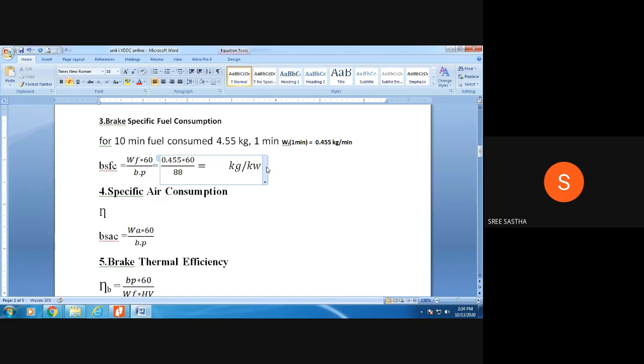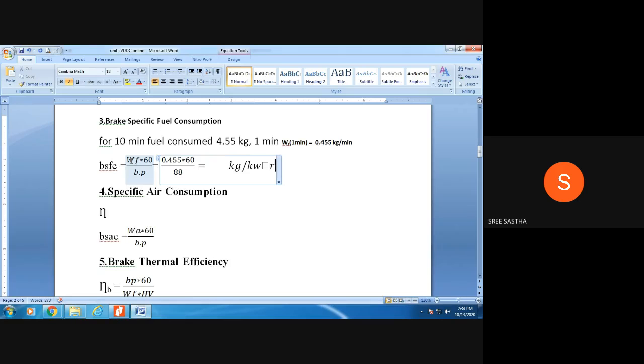Why is the H not coming? The H is coming like a box. So see here, brake power will be in kilowatt. My fuel consumption will be in kilogram per minute.